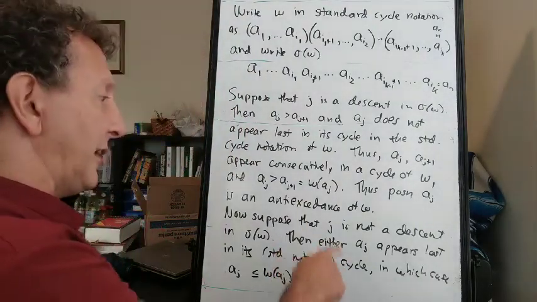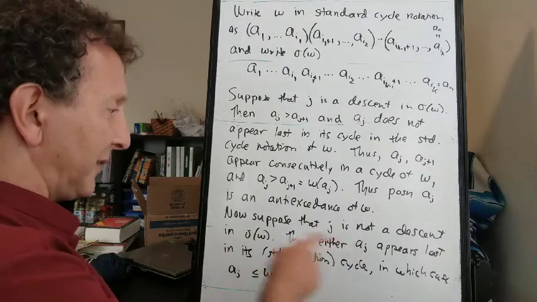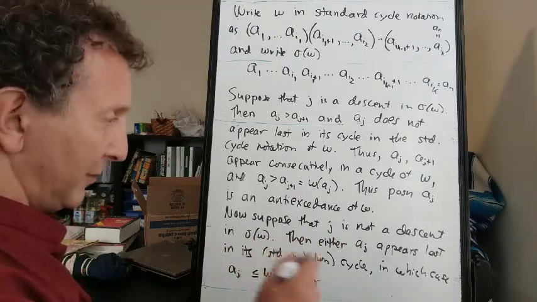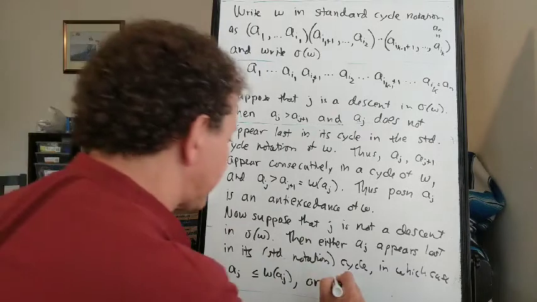Now if AJ doesn't appear last in its cycle, then it appears consecutively right before AJ plus 1.